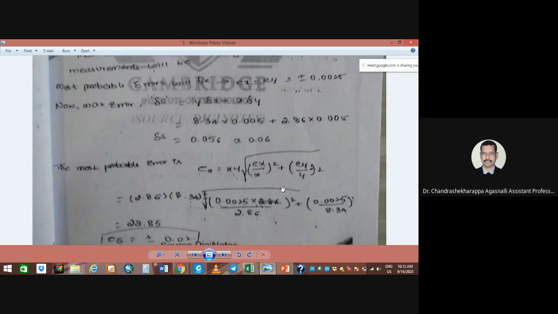You need to substitute these values. Finally you will get the maximum error and most probable error of the derived quantity, ES is equal to plus or minus 0.02. That is the maximum value we get here.